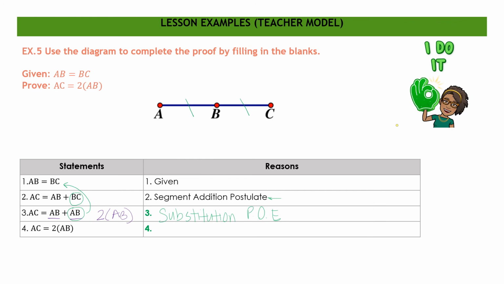So because I was able to rewrite that, that means that I am now using another property of equality, and that property of equality is called the distributive property of equality. I can distribute this to AB because there are 2 of them, and then we have to look to see if we actually proved what our proof was asking for, and yes, we did. We showed that twice the length of AB is AC.